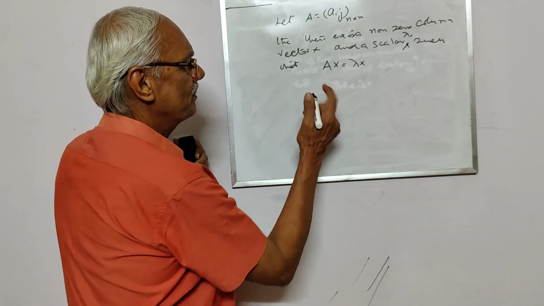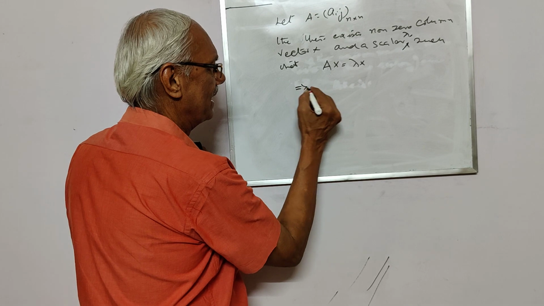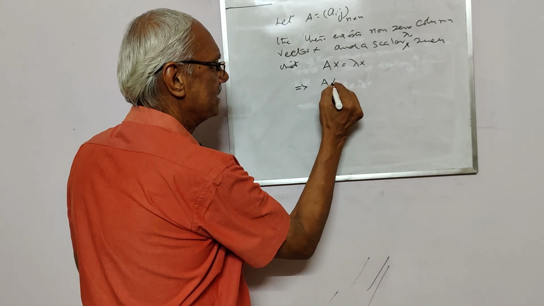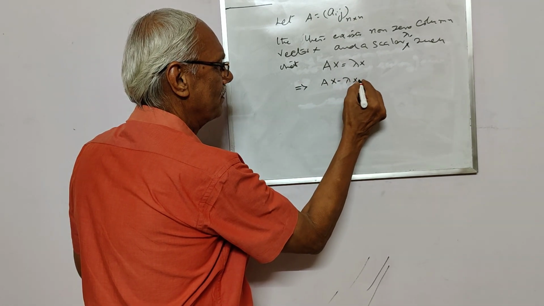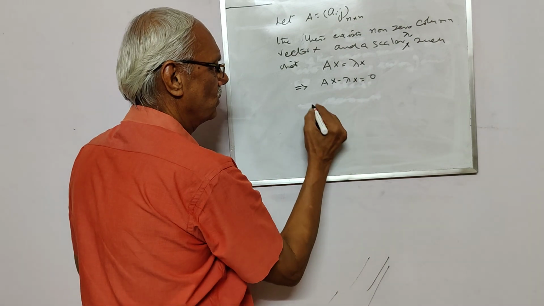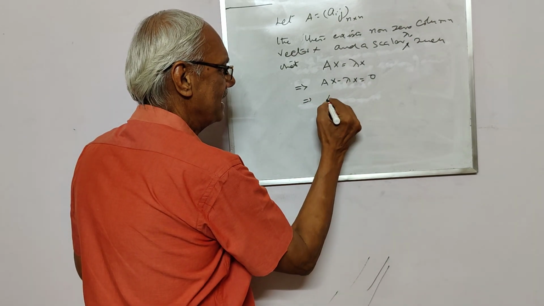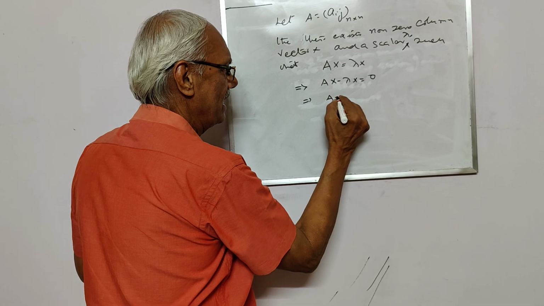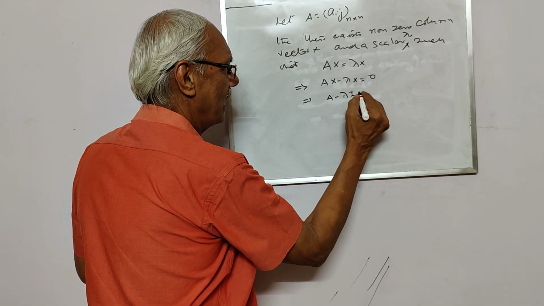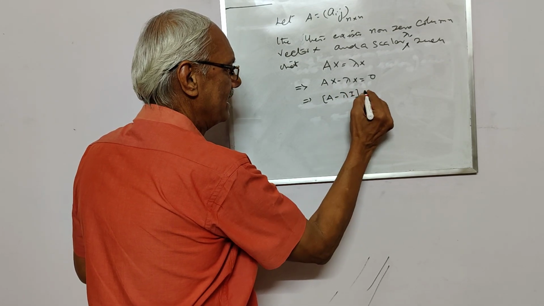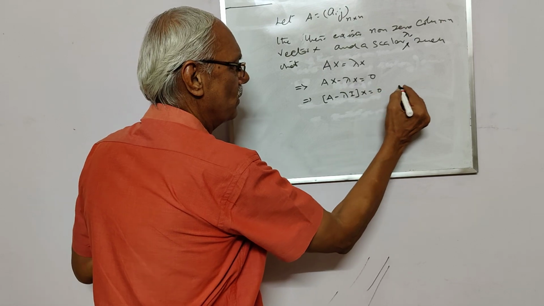Now this can be written as Ax minus lambda x is equal to 0. This can be written as A minus lambda I of x is equal to 0.